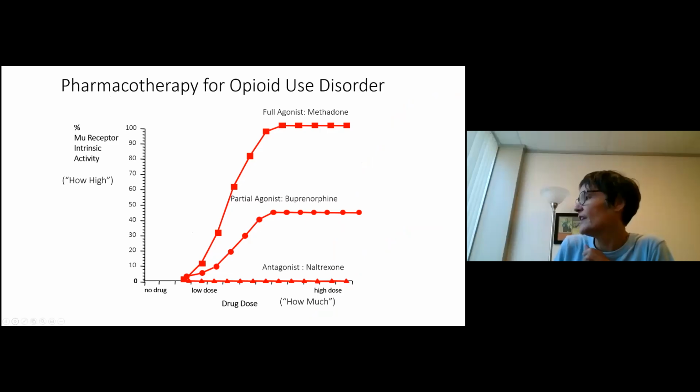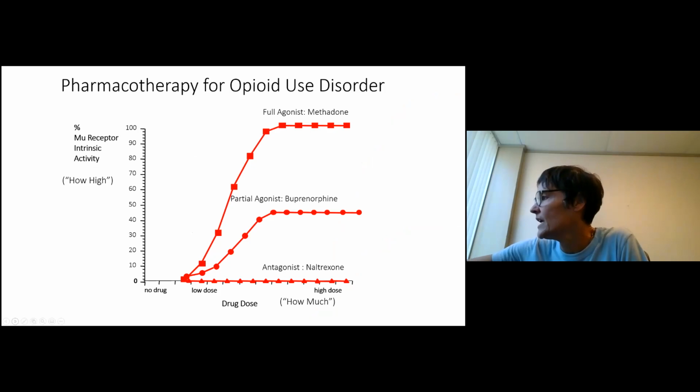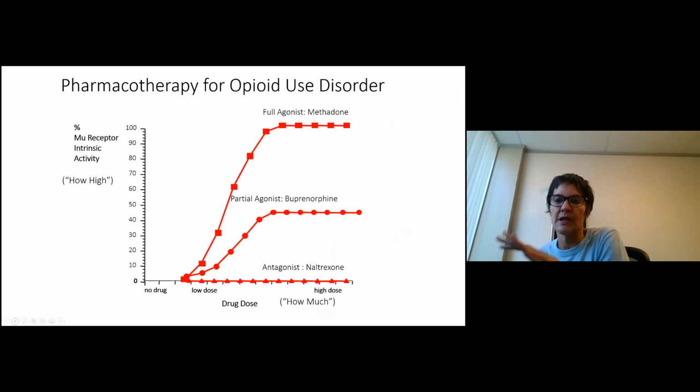If you look at this figure, antagonists would be on the bottom line. The drug dose is on the horizontal and the effect on the opioid receptor is the vertical. With an antagonist, you can keep giving the medication, and the more you give, you never activate the receptor. It just blocks the receptor.